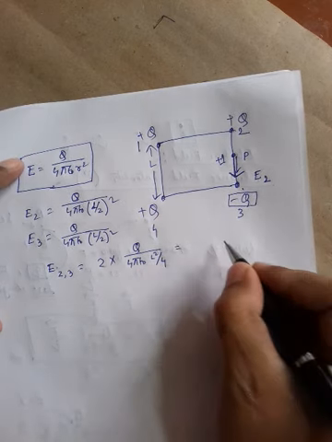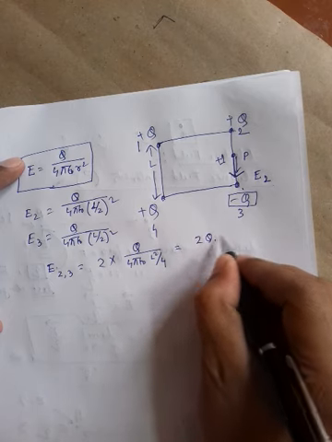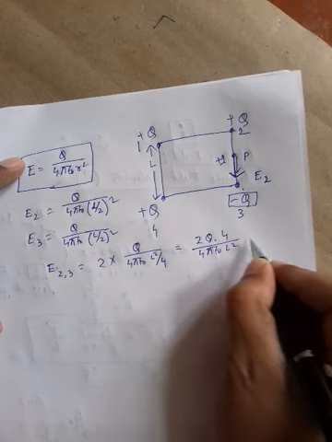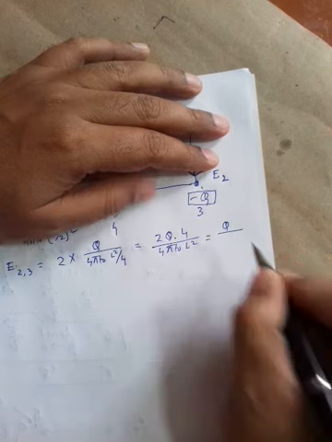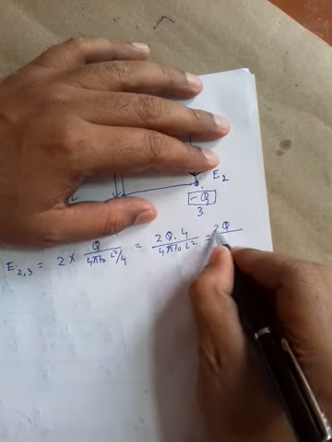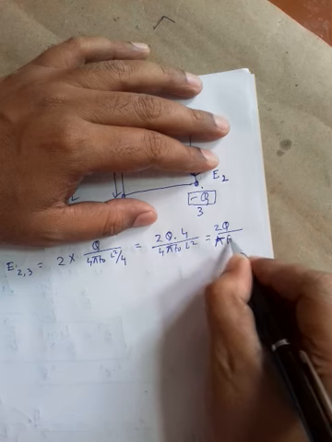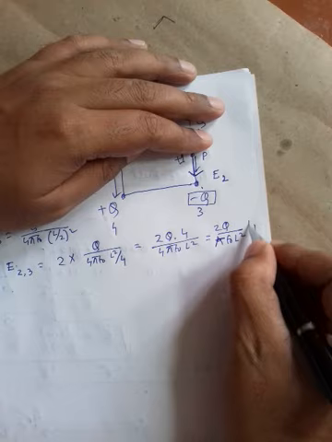After simplification, twice Q into 4 by 4 pi epsilon naught L square. So finally it becomes 2Q by pi epsilon naught L square, the 4 cancels. So in the downward direction.